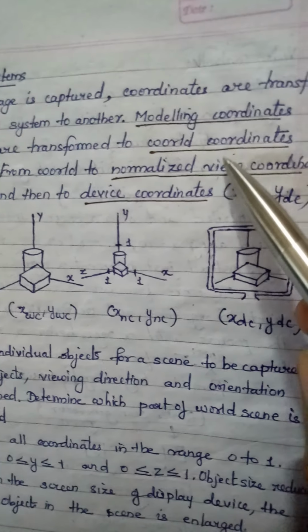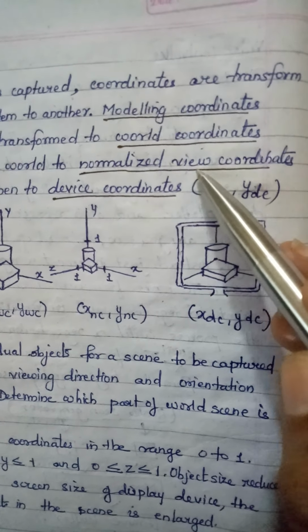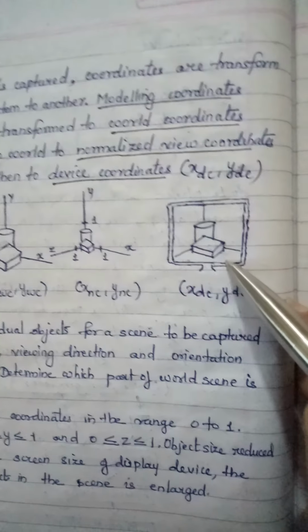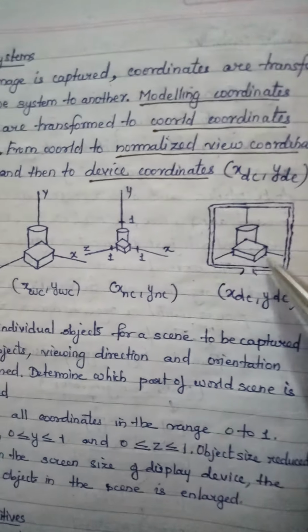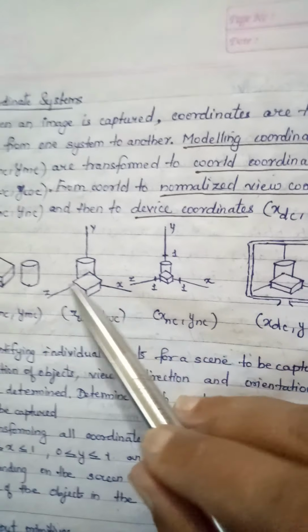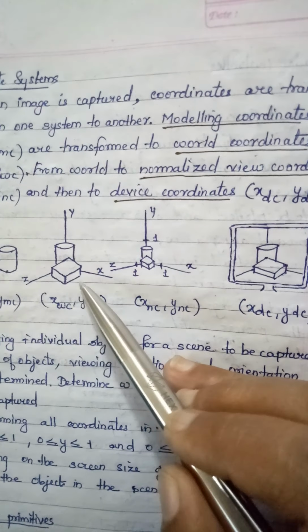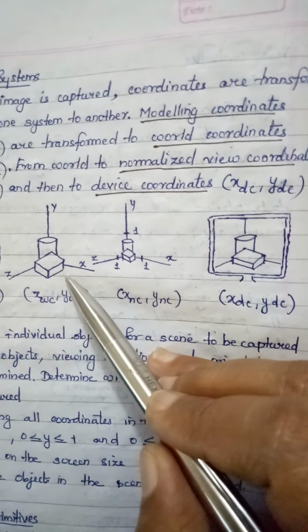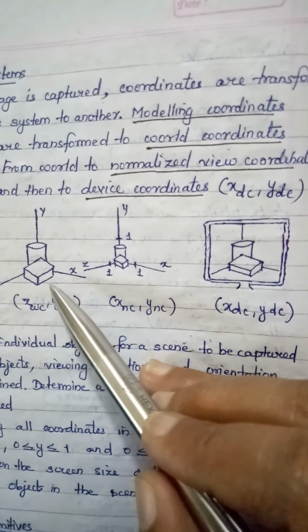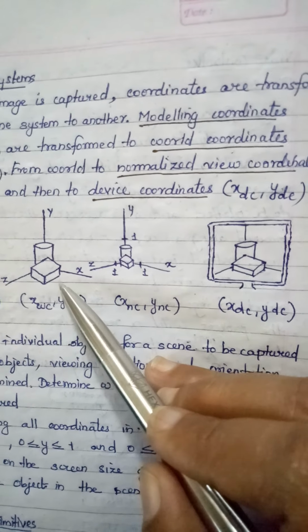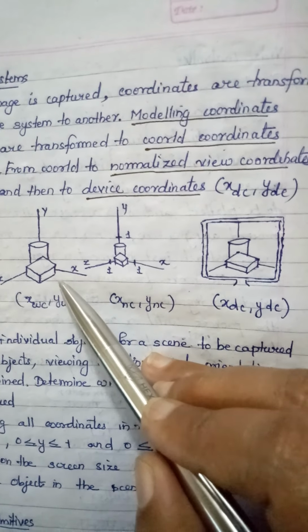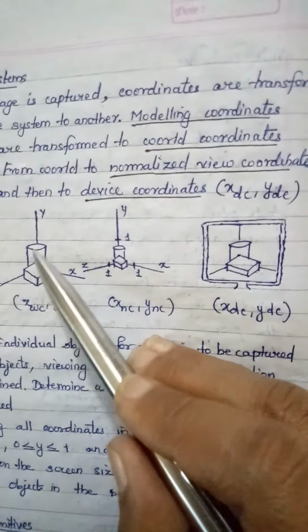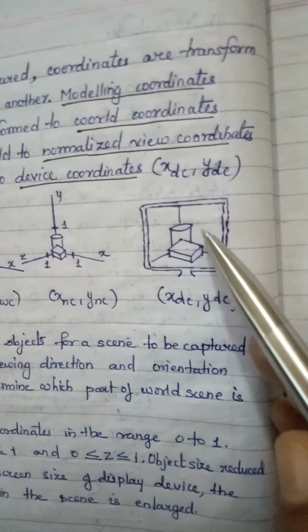Okay, now before moving on to normalized view coordinates, I am going to explain the device coordinates. So this is device coordinate. Clear? See, once I have identified objects and I have already specified the viewing direction and the positions of the object, I have taken my camera and going to capture the image. I took the photograph. After taking the photograph, the image from the real scene will be transferred to the screen of the mobile.